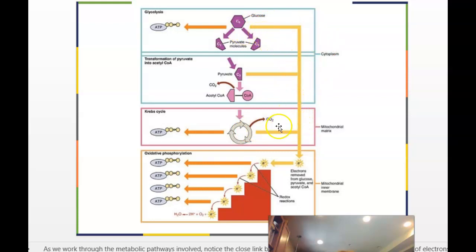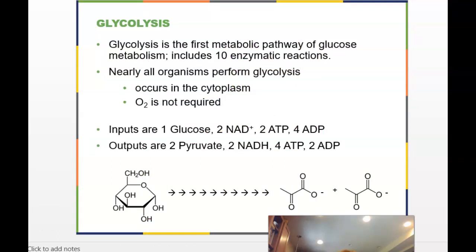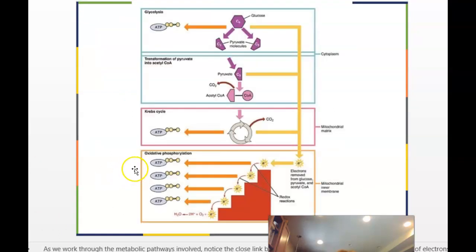This takes place in the mitochondria, in a place called the matrix. And then the final series of steps is going to be down here, where we're going to see the transfer of electrons along a chain, called the electron transport chain, that ultimately results in a large supply of ATP. So that is probably, I think I'll stop this here, and then we'll take it up from there. So hopefully that helps.